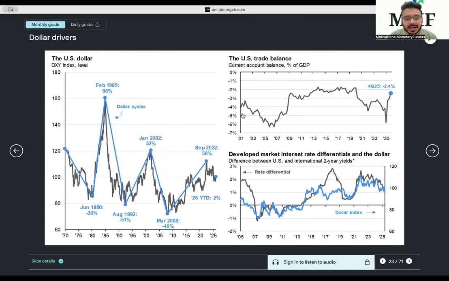So this basically tells us that over a short-term period, the US market is impacted by the interest rate differential. Why?